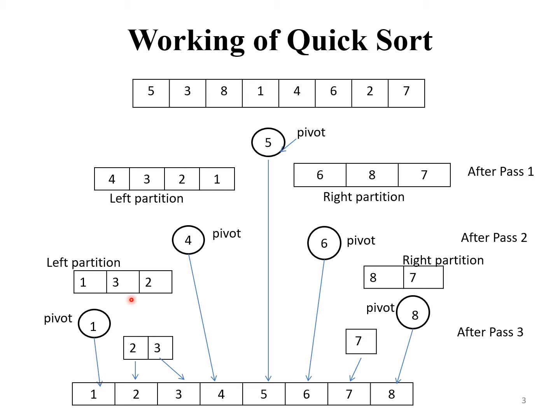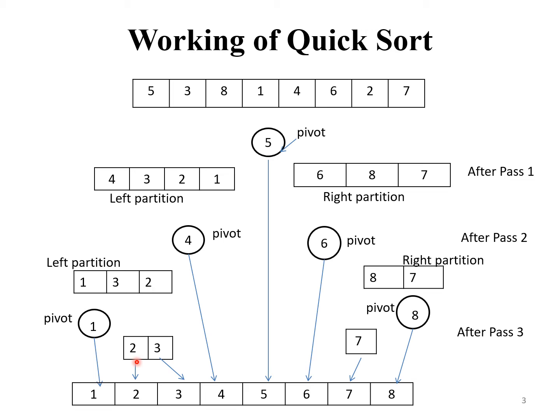Now repeat this procedure for the left partition. So 1 is now the pivot element, and 3 and 2 are greater than this pivot element. That's why we place 3 and 2 on the right side of this pivot element. Now we repeat this process for this array, that is 2 and 3.